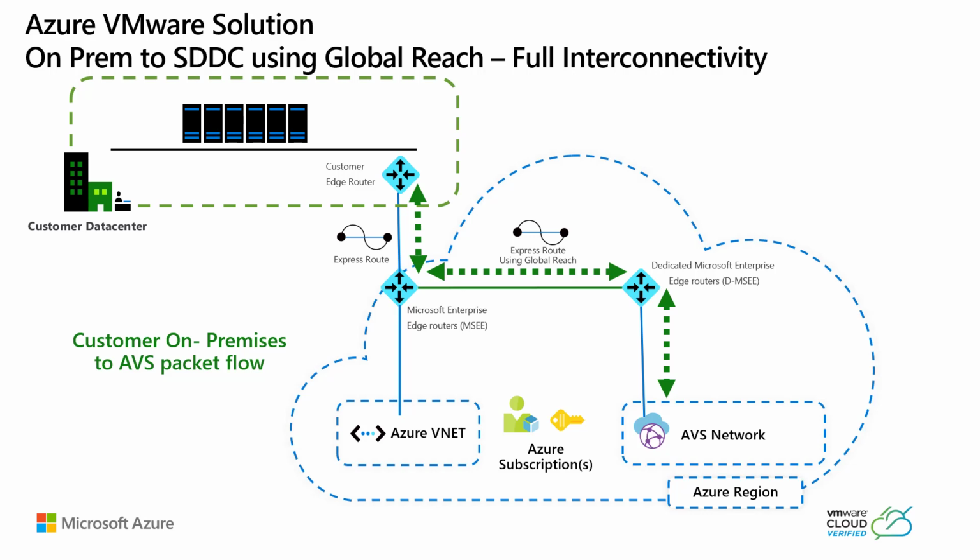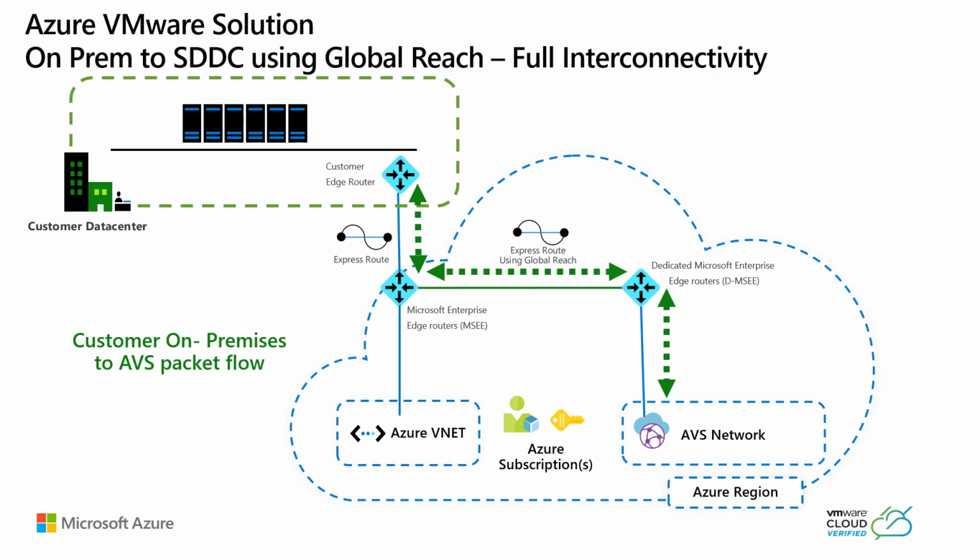Once you've linked the on-prem ExpressRoute circuit to the AVS ExpressRoute circuit using Global Reach, the two ExpressRoute circuits will route network traffic between your on-premises environments and your private cloud using BGP. To enable full connectivity, an authorization key and private peering ID for Global Reach can be requested in the Azure portal.